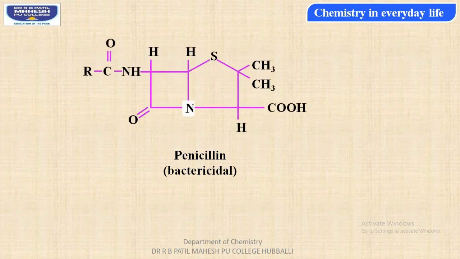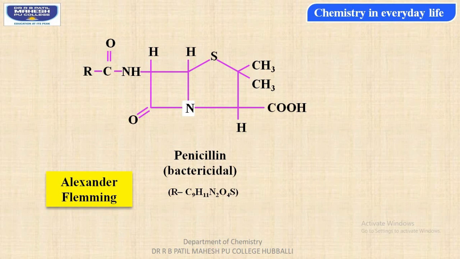which has the structure given above with the molecular formula, where R stands for alkyl group, C9H11N2O4X, and this penicillin was developed by Alexander Fleming.